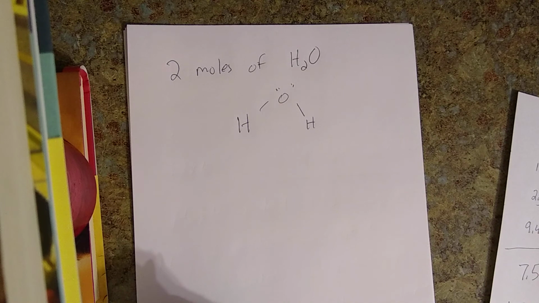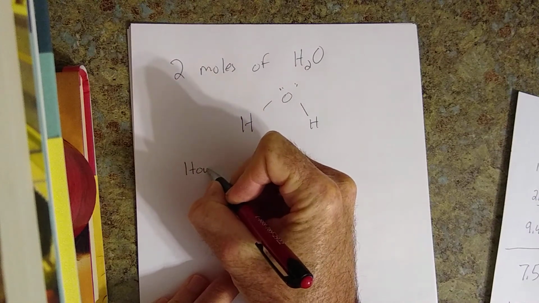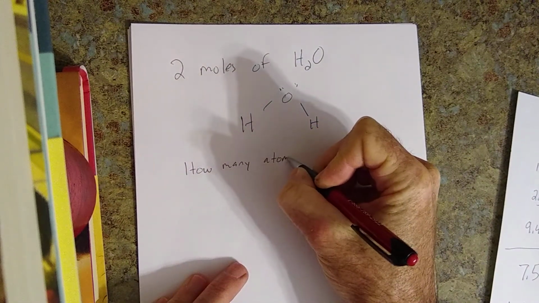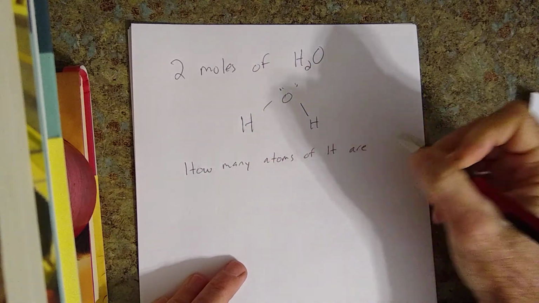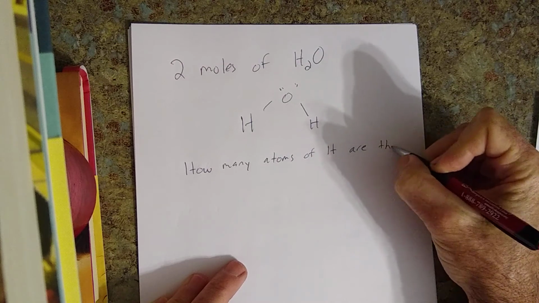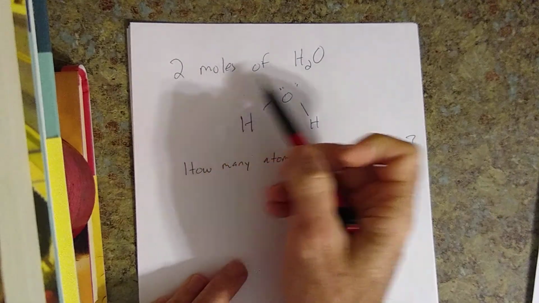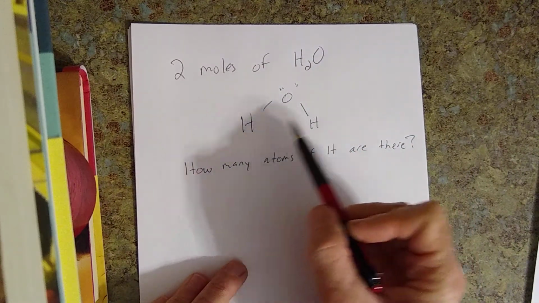We know all these things. Now, if you had 2 moles of water, let me ask you a simple question. How many atoms of hydrogen are there? So if you had 2 moles of water, how many atoms of hydrogen?